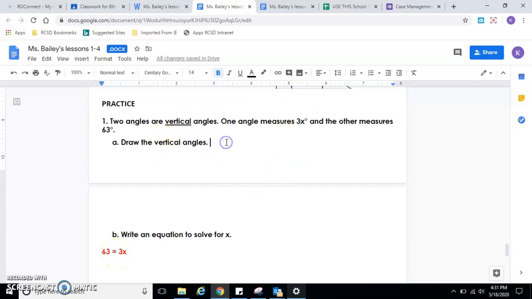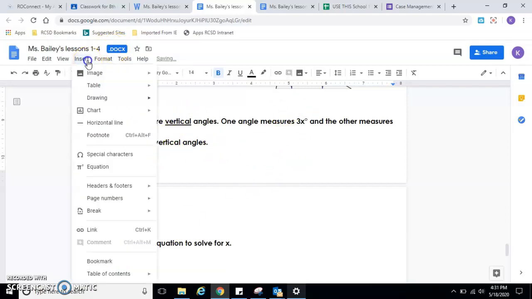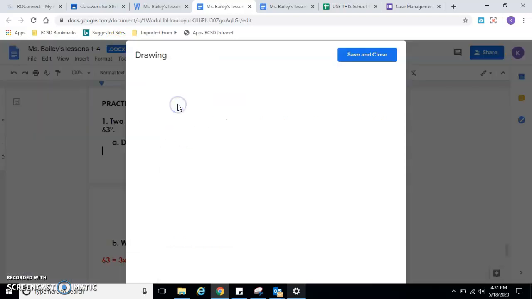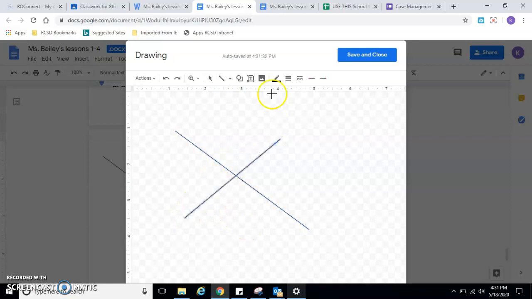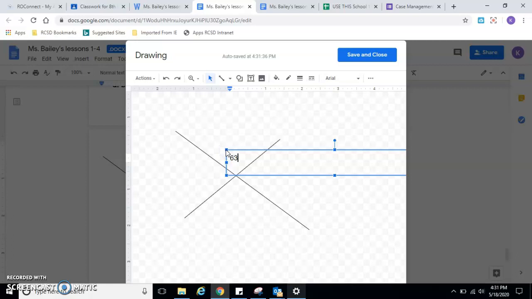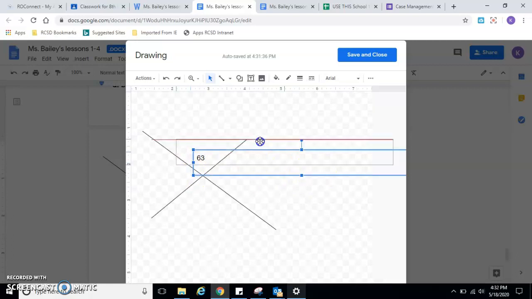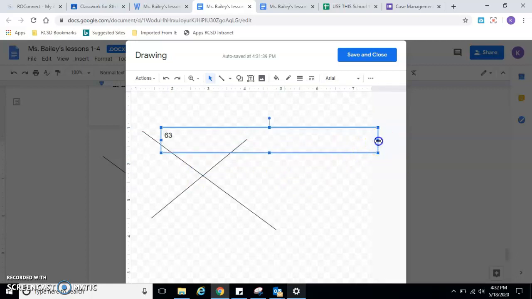Draw vertical angles. Okay, I'm going to do it. I'm going to insert and make a drawing, new, and then I can click here and just draw it like this. And then I could even write 63. I hate that this always makes this box so long.